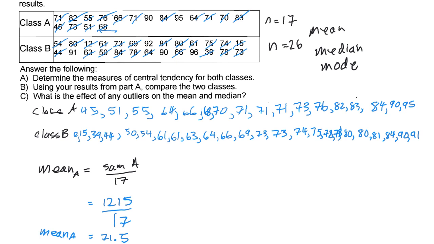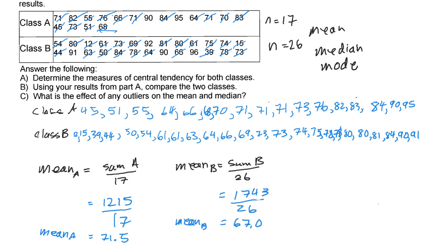So pause the video, calculate the mean, and then let's see if you get the same answers. So doing your calculations, you're going to get 67.0 for our mean for B. And like we said before, 71.5 for the other.